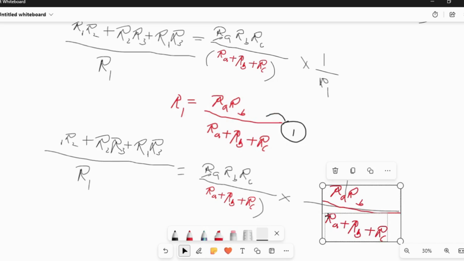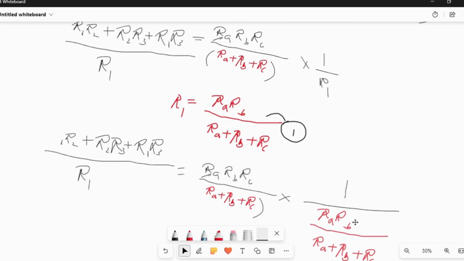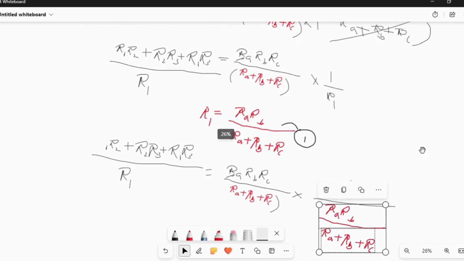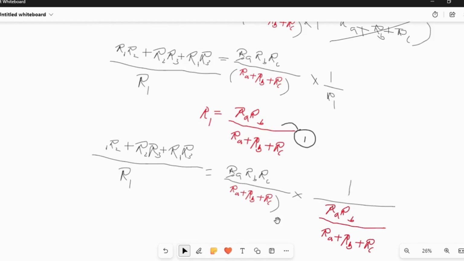So now we can see this one cancels with this one, and RA RB here, RA cancels with RA, RB cancels with RB. The remainder is RC.